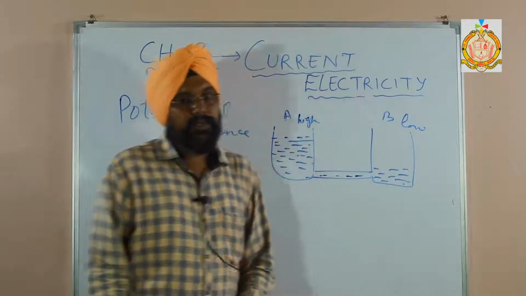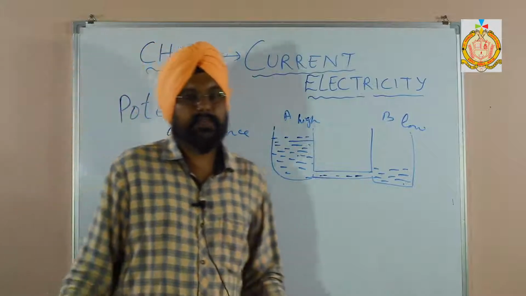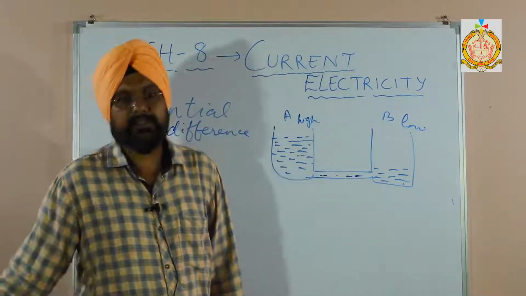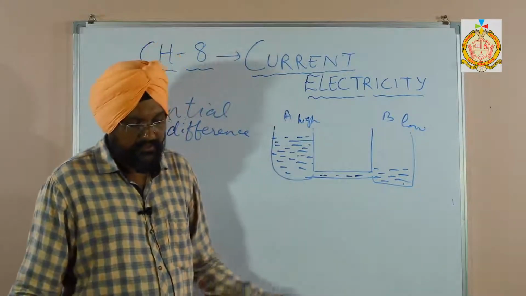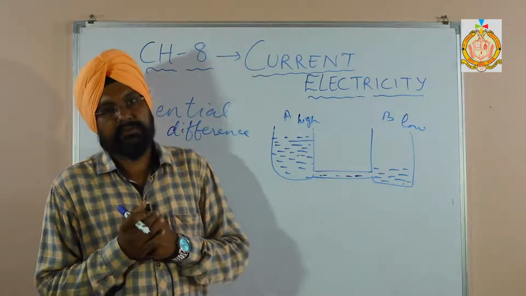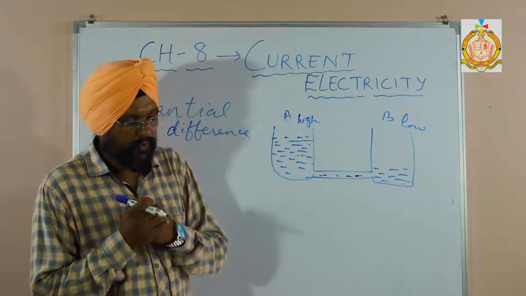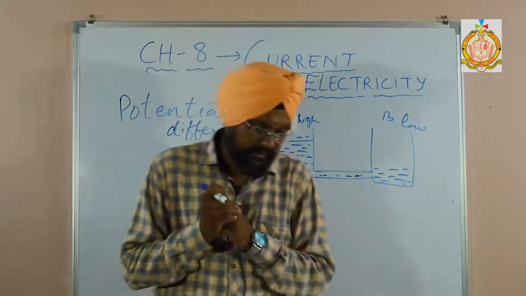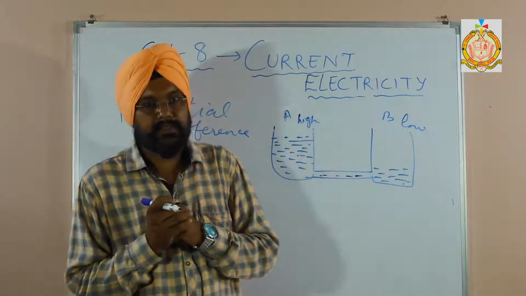Now the concept of resistance. Resistance is very important. In the 9th class also we have discussed resistance. What is resistance? The obstruction offered to the flow of current by the conductor is called resistance.